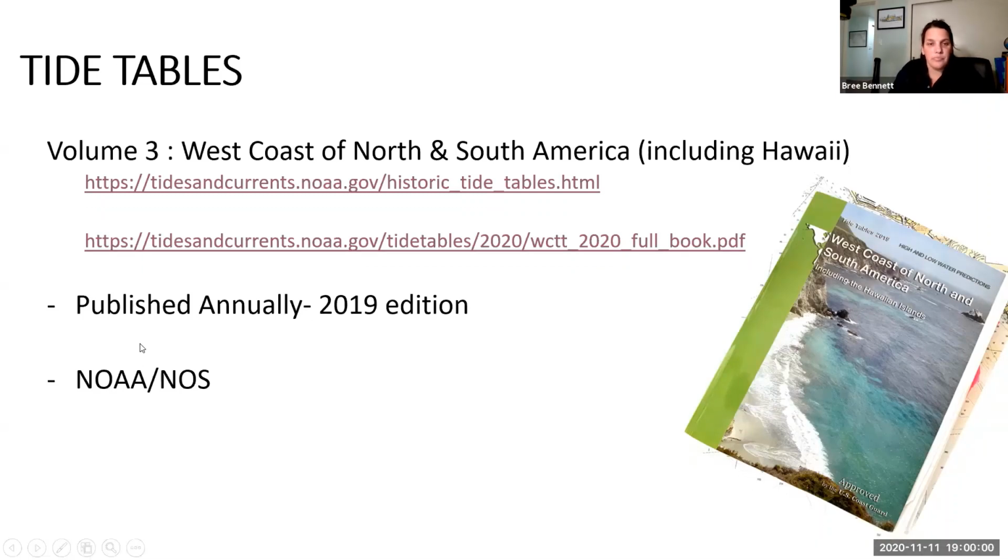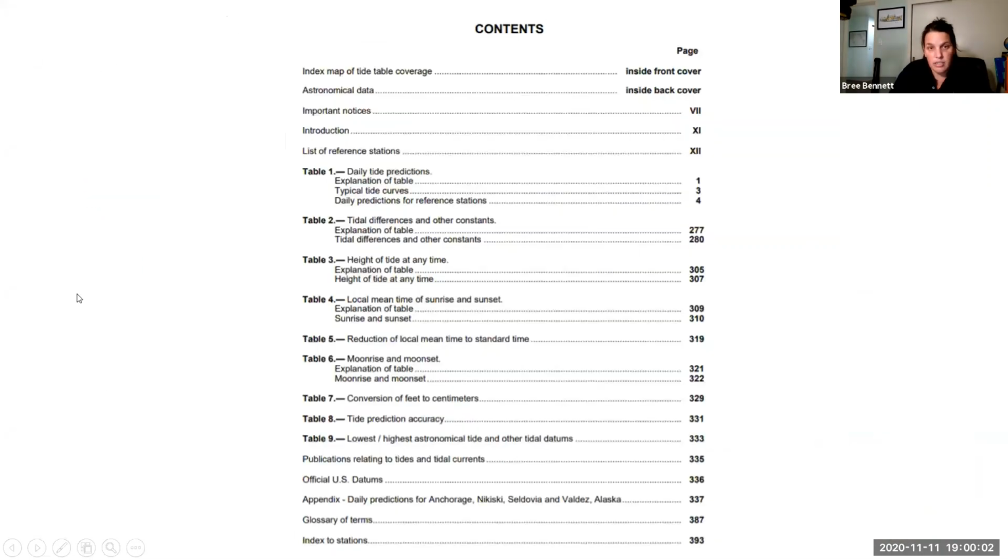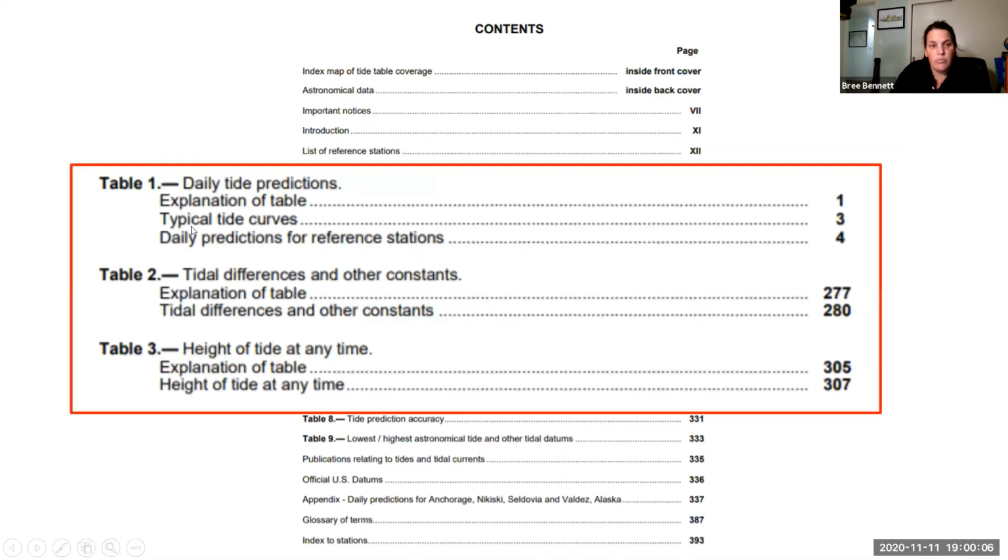Okay. So if we open the book, we get the table of contents, and we have table 1, table 2, and table 3. Those are going to be our main area where we are looking. There's a lot of other great information in these books, a lot of glossary information.